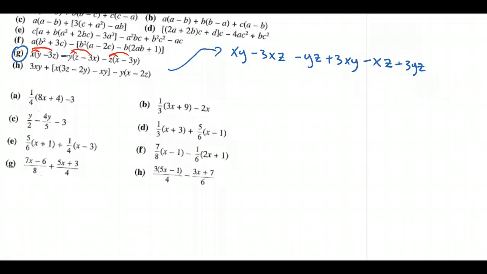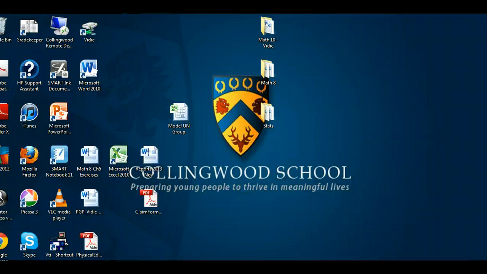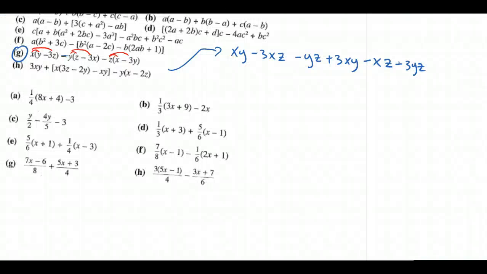For example, here I have xz's, and I have some more xz's over here. So those are like terms, but if I wrote zx and xz, it's easy to mix them up. That's how you want to keep track of this.